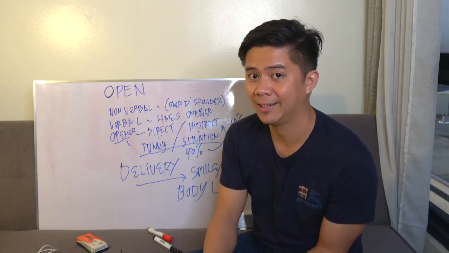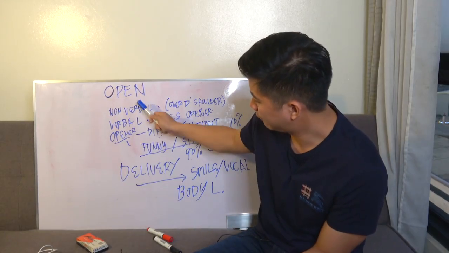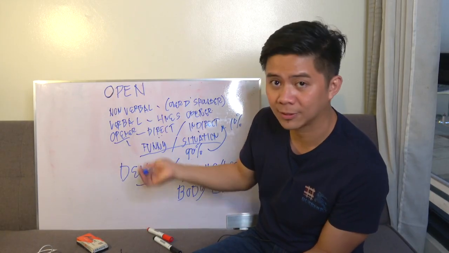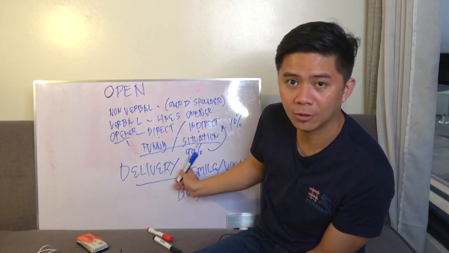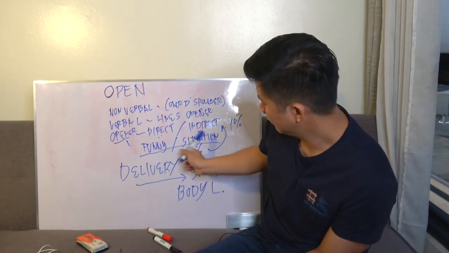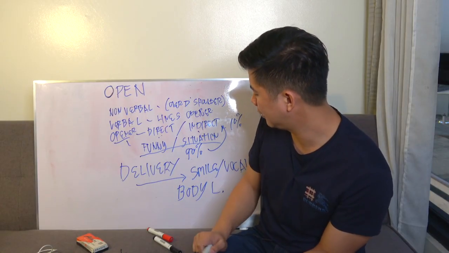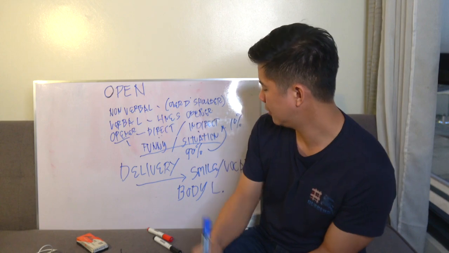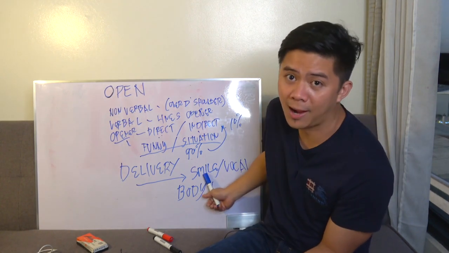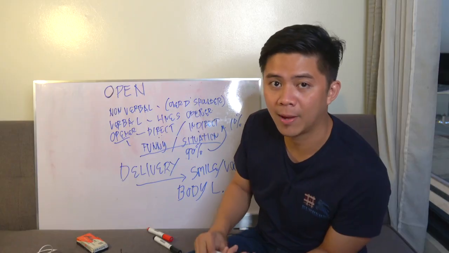Is it direct, indirect? Funny? Or situational opener? You can use all of this. It's all the same as approaching line, and of course the delivery. 90% of game is this delivery. So under delivery, you have to smile, your vocal tonality is really important, and of course the body language.